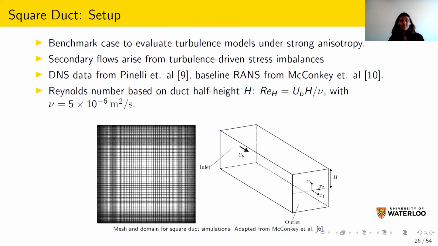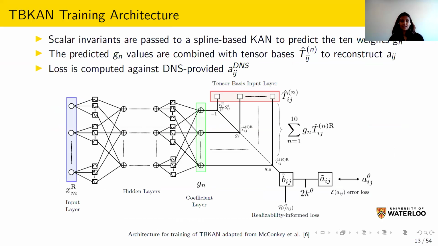If I go back to the architecture super quick, in our architecture, as long as you have something to benchmark against, for example some high-fidelity data that you can benchmark your URANS against, and as long as you have your input layer consisting of the scalar invariants, I think it should be applicable.